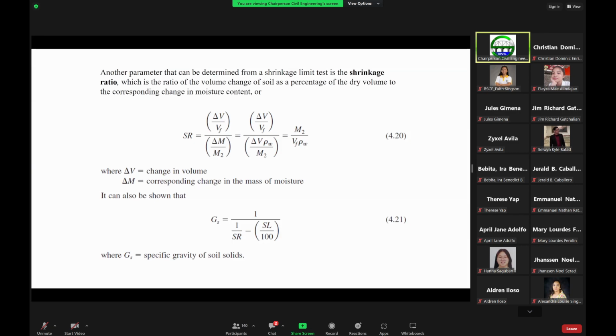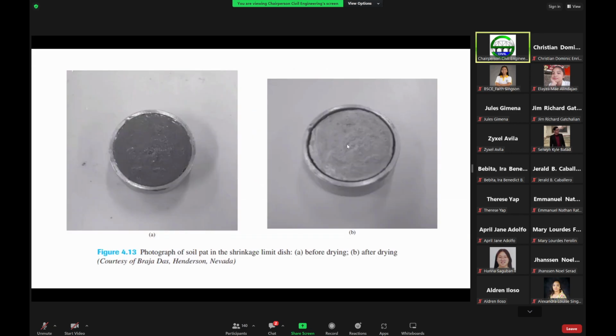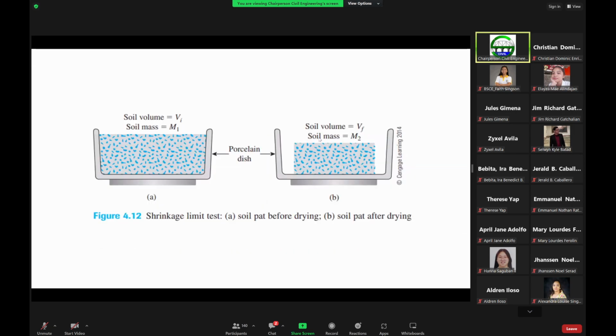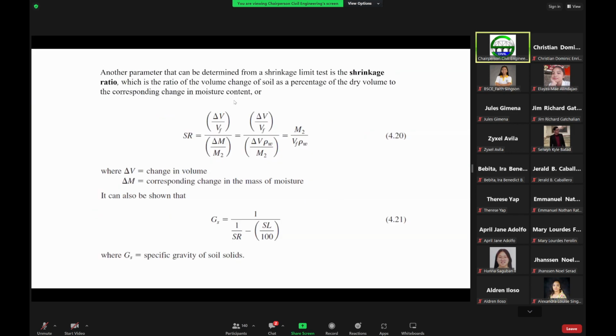Then V sub F and M sub 2, we can just define by this one here, in the soil pat after drying. The corresponding change in the mass can just be replaced by the change in volume multiplied by the density of water.